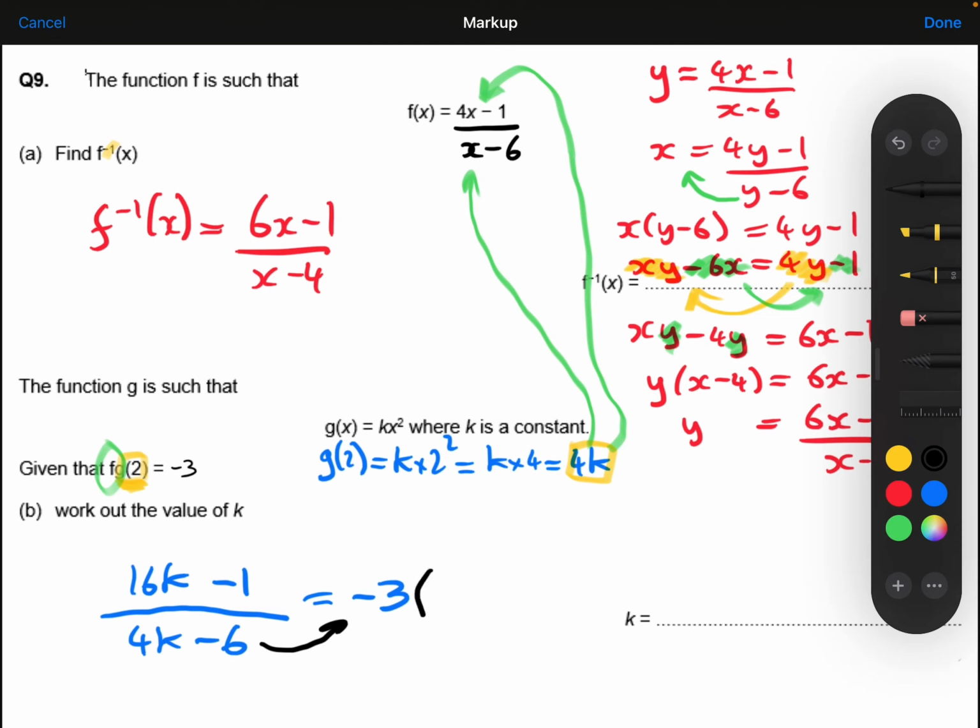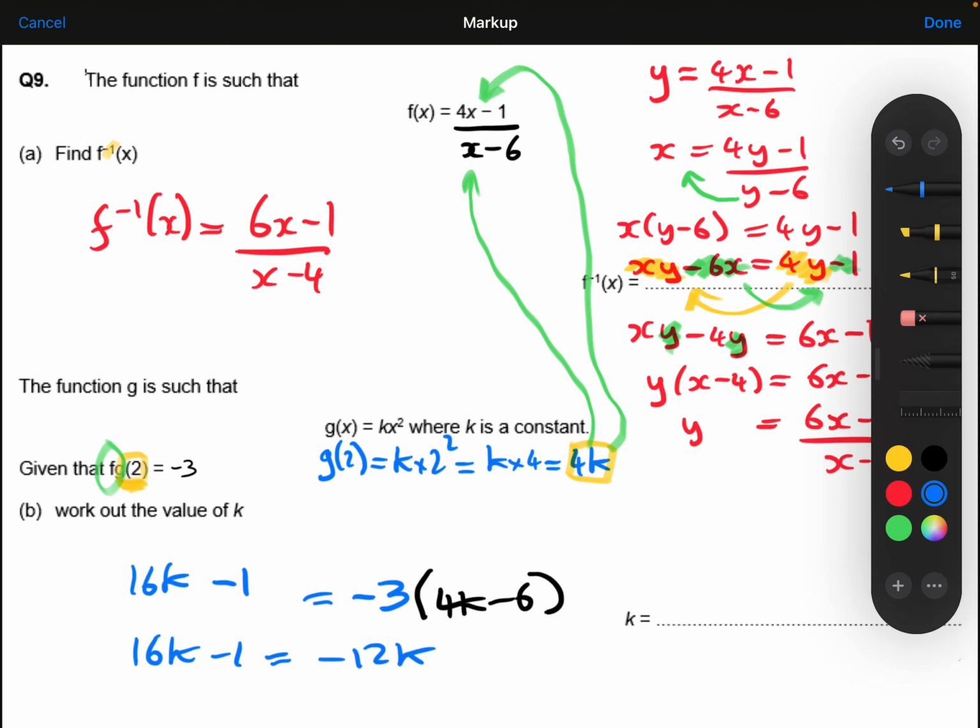So I'm going to multiply both sides by the 4k minus 6. Then expanding those brackets on the left-hand side, we've got minus 3 times 4k is minus 12k. The minus 3 times the minus 6 is plus 18.